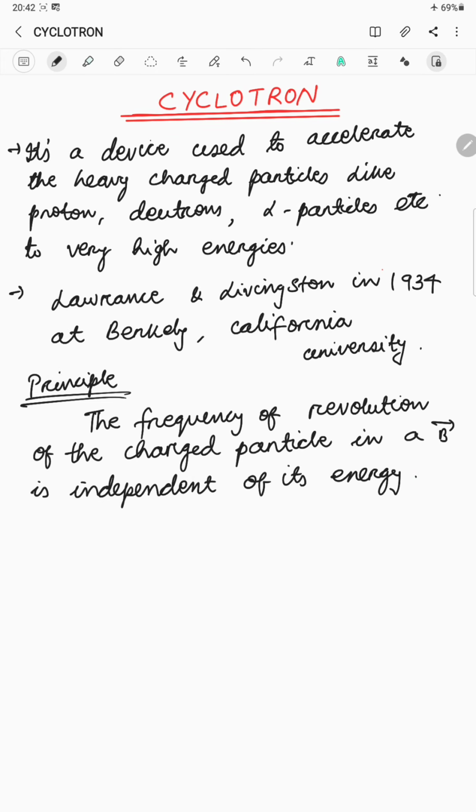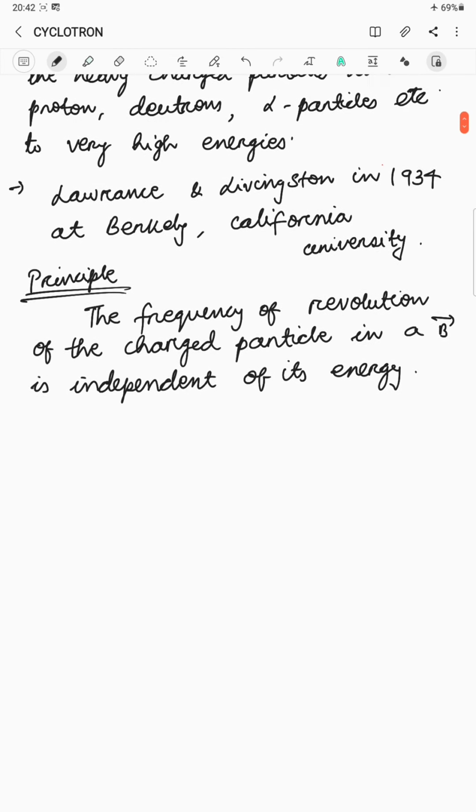Okay, so this is the principle. The frequency of revolution of the charged particle in a magnetic field is independent of its energy.